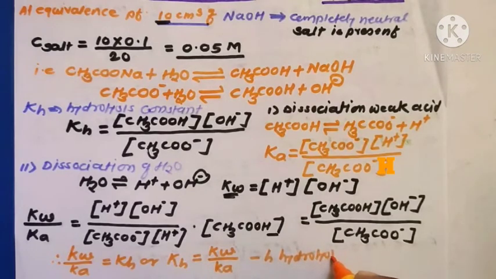Here h represents the degree of hydrolysis, that is the fraction of the total number of moles of salt that has undergone hydrolysis at equilibrium, and C is the molar concentration of the salt.